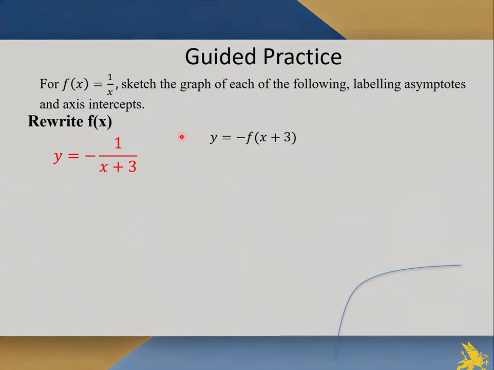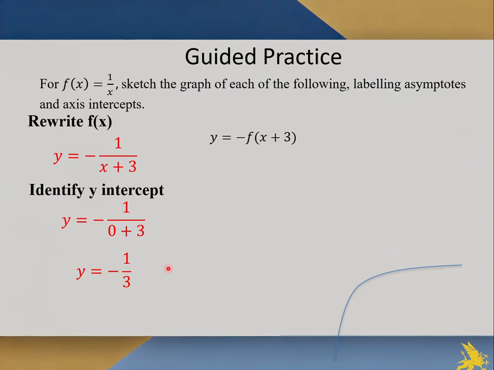So again, I'm just going to identify the y-intercept here. The y-intercept is when x equals 0. So I make x 0 and I solve. Now, the next part I'm going to look for is the x-intercept.